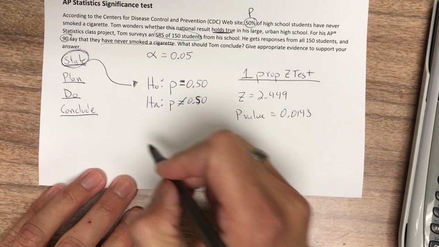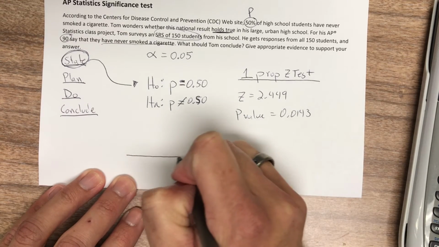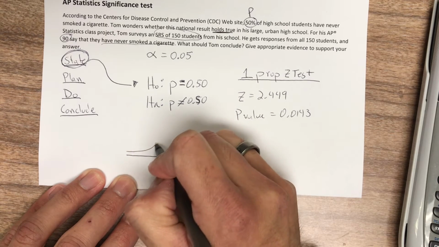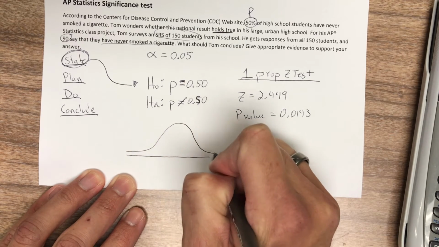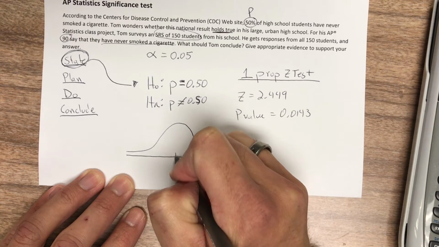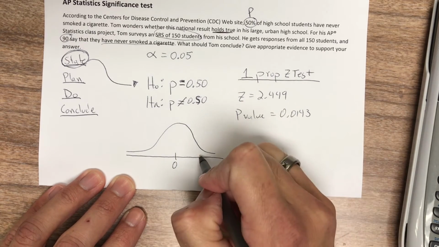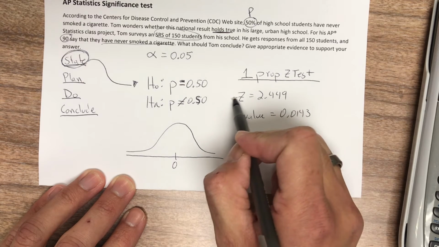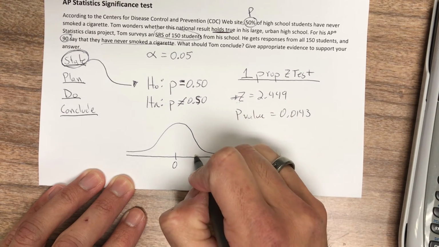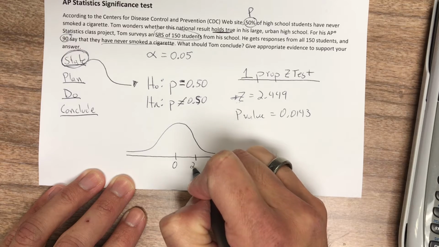So I'm going to draw a density curve so you understand what is a two-tailed test. From the density curve, you're going to use the z-scores. And remember that the density curve is symmetrical. So the 0 is in the middle. Positive 2, I'm looking at the z-score right here. So positive 2.449 is around here.